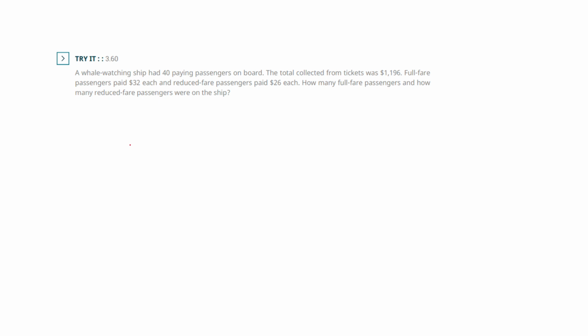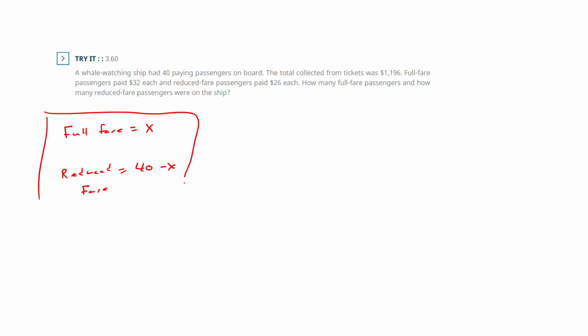Okay, try this one on your own. Got full fare and reduced fare. Okay, so the same thing, same trick, that we have the total number of passengers, but the only way we can build it is like this. If we have X full fare passengers, the remainder must be 40 minus X. That's everybody else.